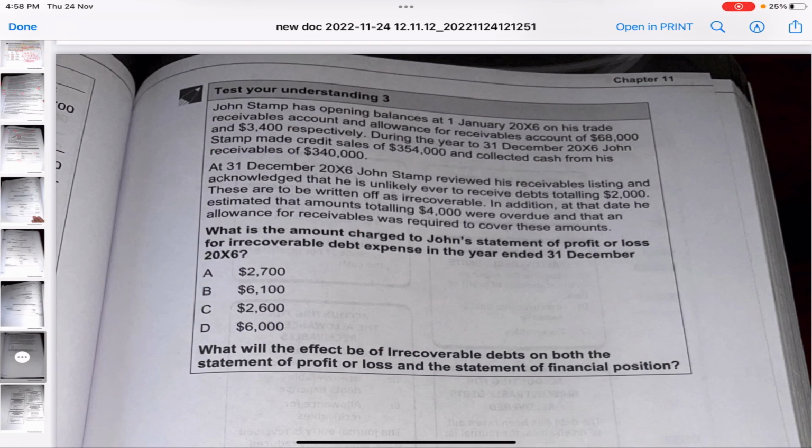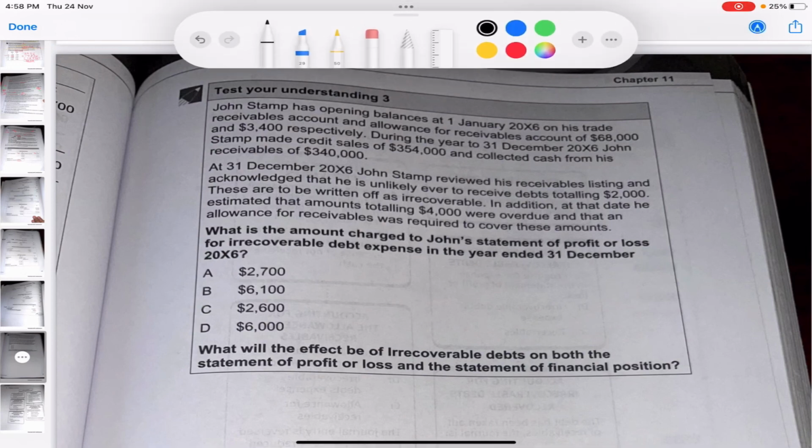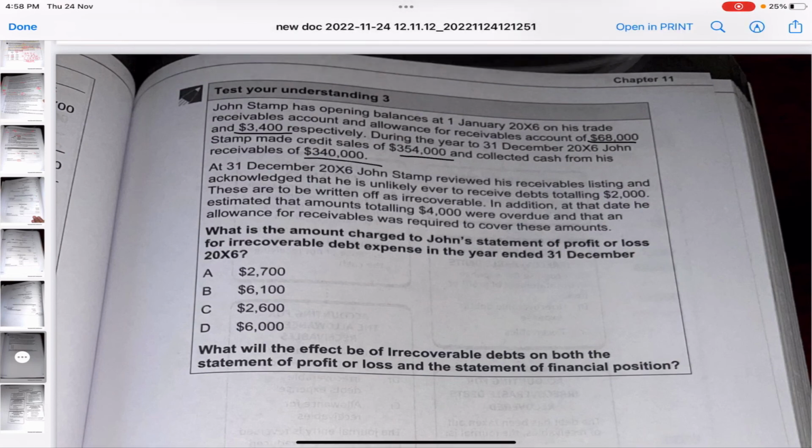Okay, John Stamp has an opening balance on 1st Jan 2006. So receivables was 68,000 and his allowance balance is 3,400. So John made credit sales of this much and collected cash this much. Let's do everything slowly.